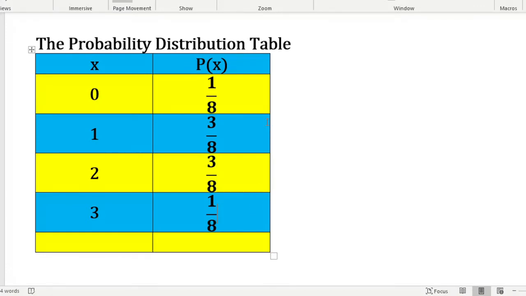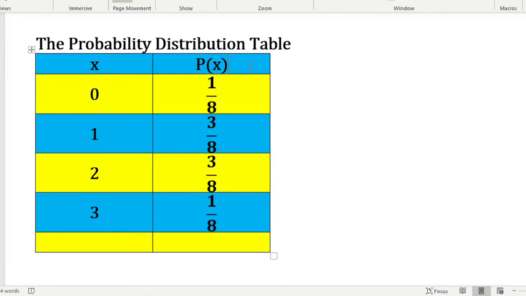To determine the expected value or the mean of this discrete random variable, again, the first step is to construct its probability distribution table. In this case, it is already provided. Thus, we will proceed to the next step, which is to determine the products of the possible outcome and its corresponding probability.